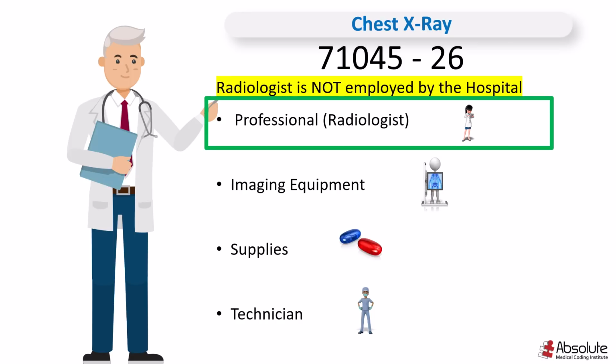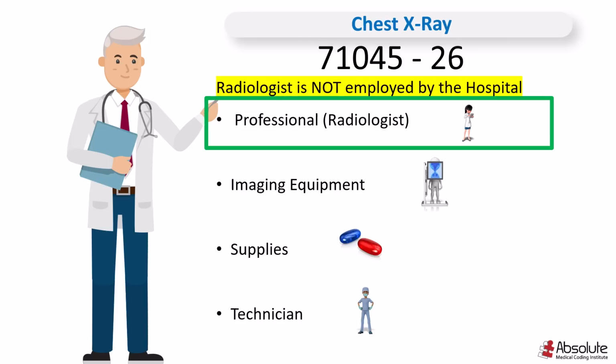So earlier I said that 26 modifier will decrease the payment. Why does it decrease the payment? Because this radiologist isn't providing all of the services of 71045.